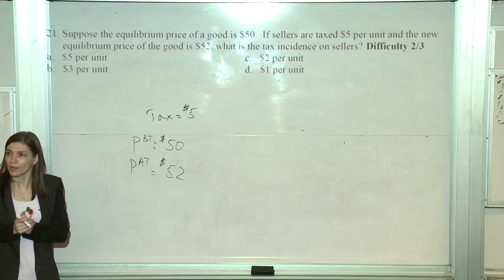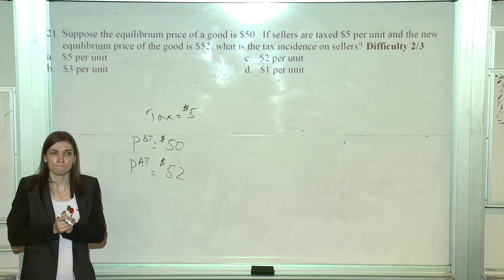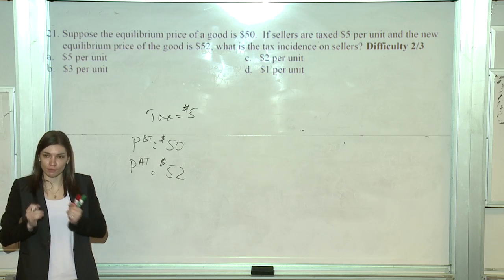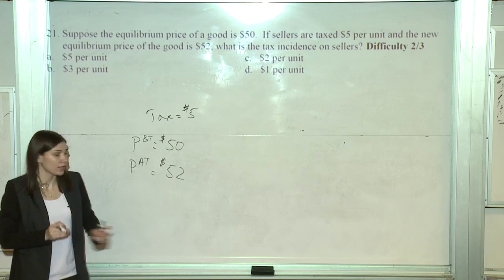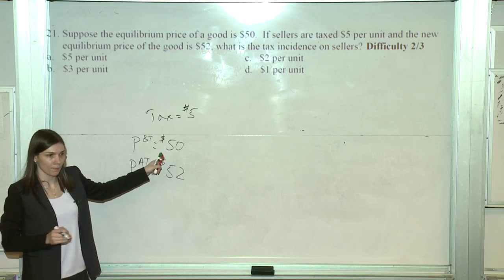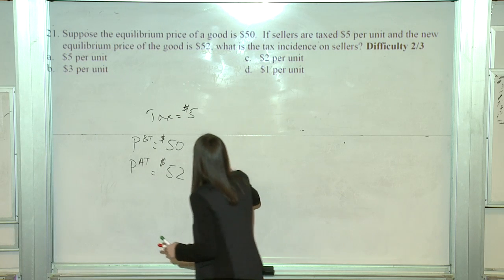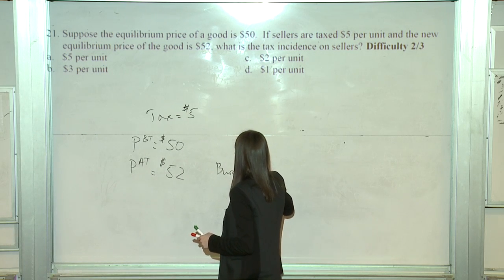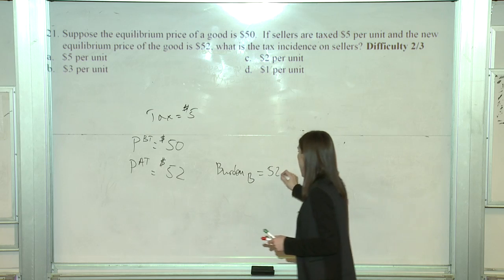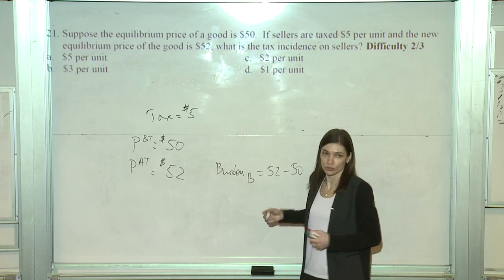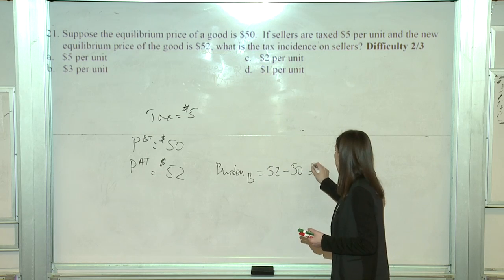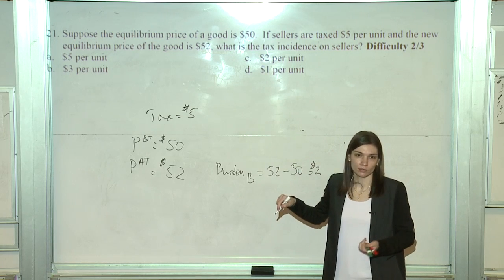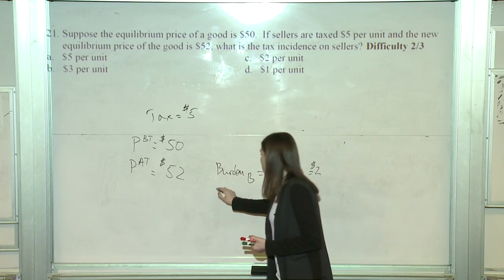So what do buyers pay? Buyers pay $52 now for the good instead of the 50 that they used to pay. So the burden on buyers is the new price that they pay minus the original price that they paid, or $2. So the burden on sellers, 3.